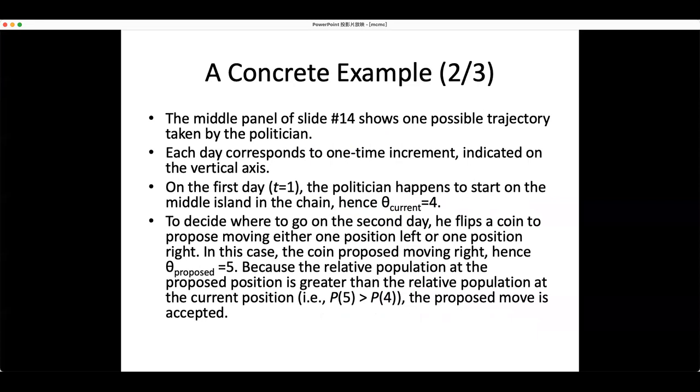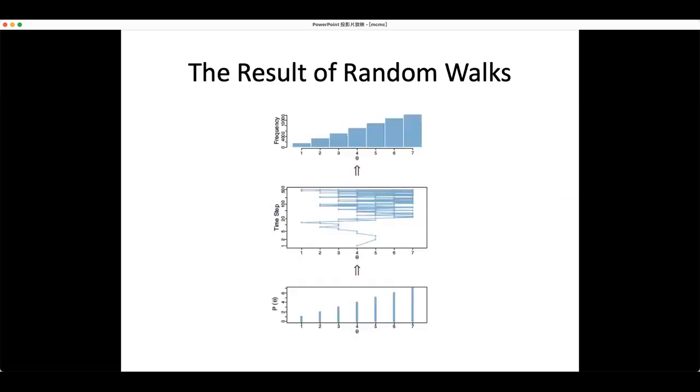To decide where to go on the second day, you flip the coin to propose moving. In this case, the coin proposed moving right. The island on the right-hand side has more population, right?